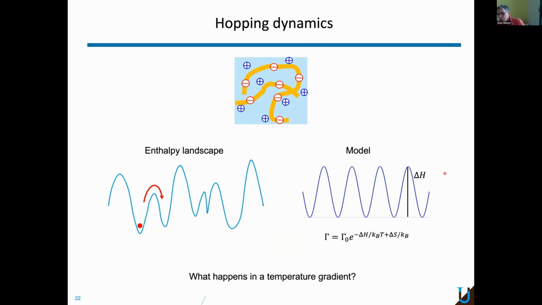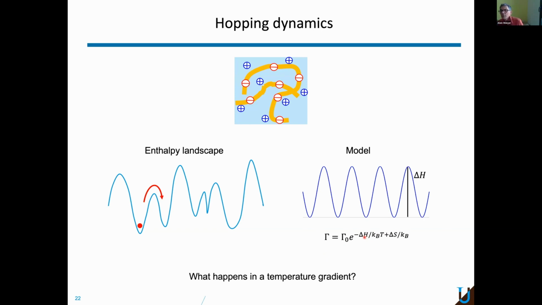So a periodic potential, with a typical barrier height, is given by the distribution of barrier heights here. And there is a hopping rate, which has a prefactor gamma naught, and some activation free enthalpy. So there is an enthalpy term and an entropy term. So this is the usual picture one has. And for a lot of these systems, that has been confirmed by conductivity measurements. When you look at the temperature dependence, you see that.